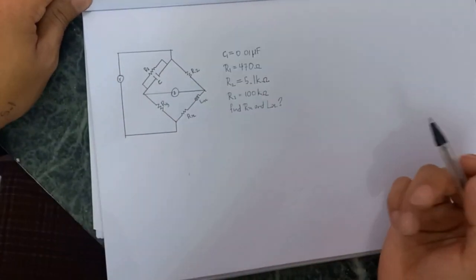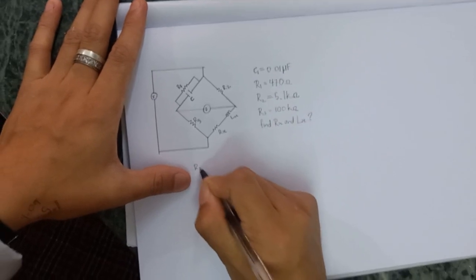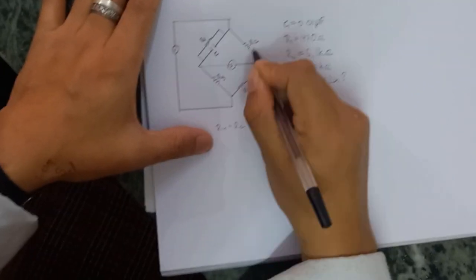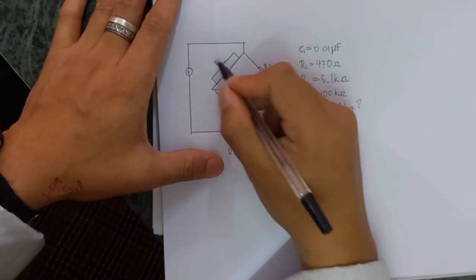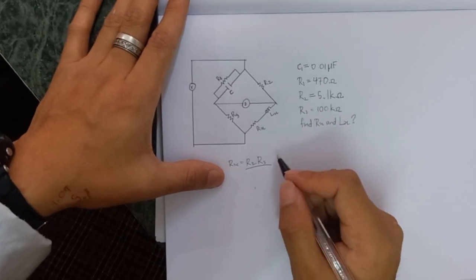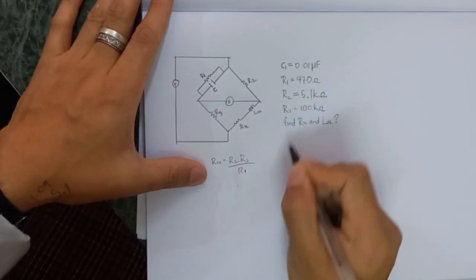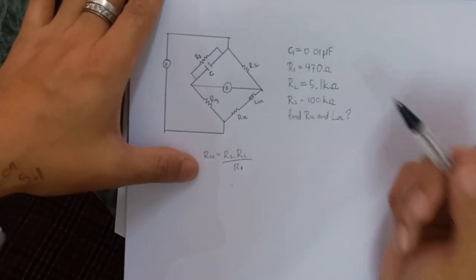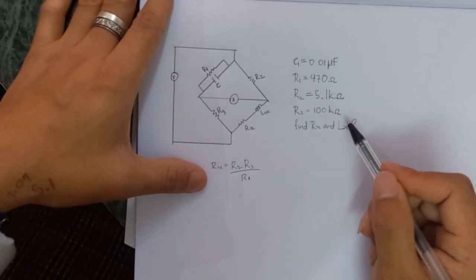So let's say this is Rx, and the two adjacent resistors are R3 and R2. So Rx can be found using the formula R2 times R3 divided by the resistor opposite to the unknown resistor, which is R1. Substituting the values, R1 is 470 ohms, R2 is 5.1 kilo ohms, R3 is 100 kilo ohms.